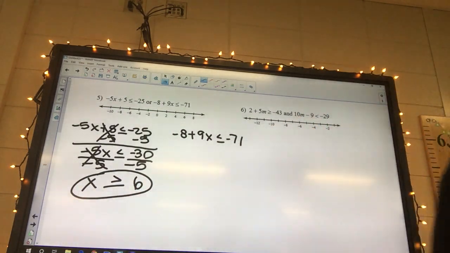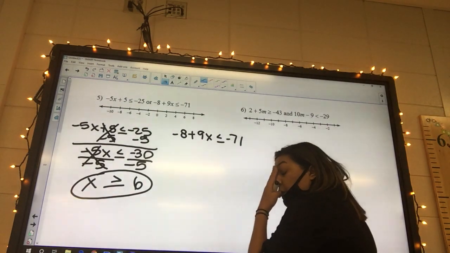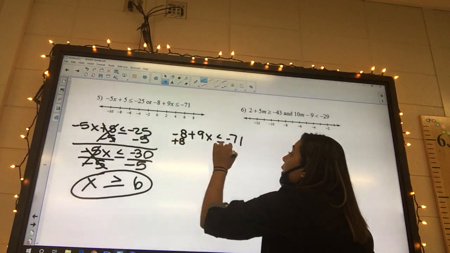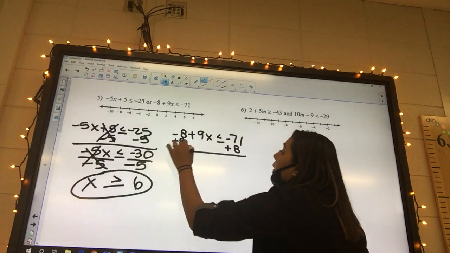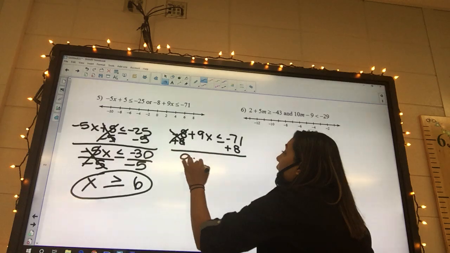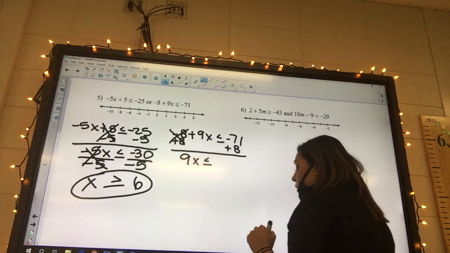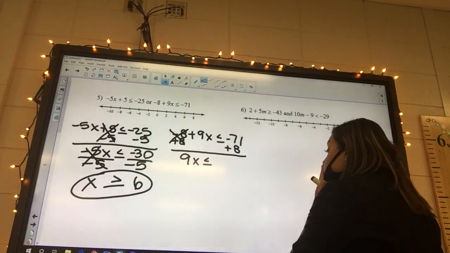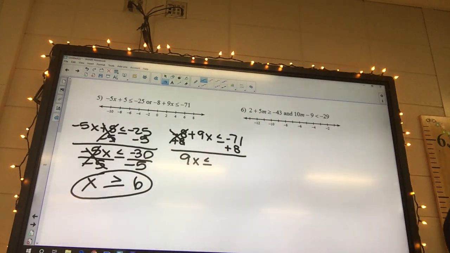Okay, so looking at the other one, we're going to move the kid, which is a -8, so we need to say +8, +8. So I got 9x is less than or equal to -63, right?